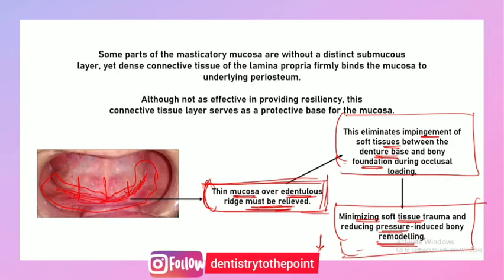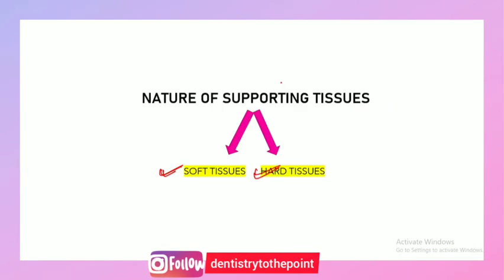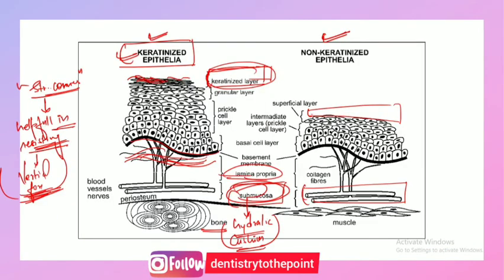Along with that, some parts of non-keratinized mucosa, as I said, are without a distinct submucosal layer. The submucosal layer is not capable enough to resist the vertical forces, but there is some connective tissue of lamina propria which firmly binds the mucosa to the underlying periosteum. So in the case of non-keratinized mucosa, here the submucosa is not capable enough, but there is some lamina propria present which is binding this mucosa to the bone, right?